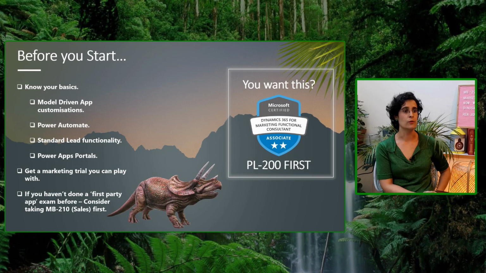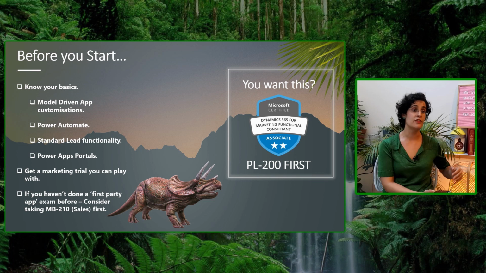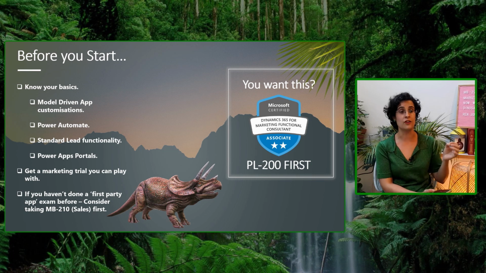All right, so when we're studying for the marketing application specifically, the first thing you want to be doing is make sure that you know model-driven apps in general. Yep, so the MB-220 and the rest of the first-party app certifications are designed to be built on top of your standard Dynamics knowledge. So you need to know all your standard model-driven apps customizations. You need to know how to use Power Automate.